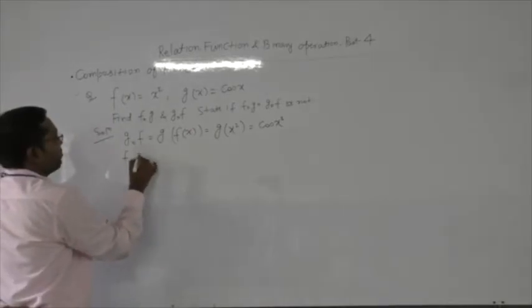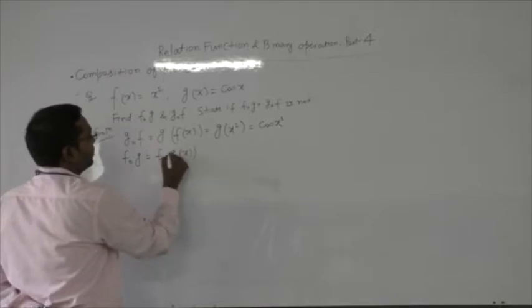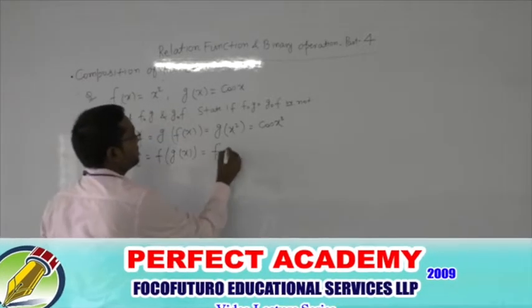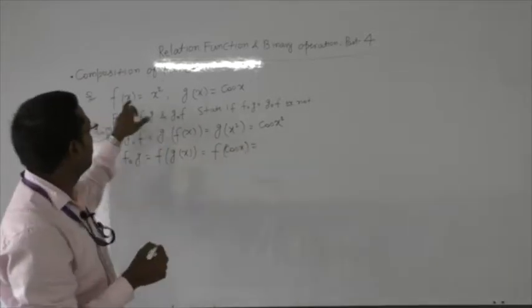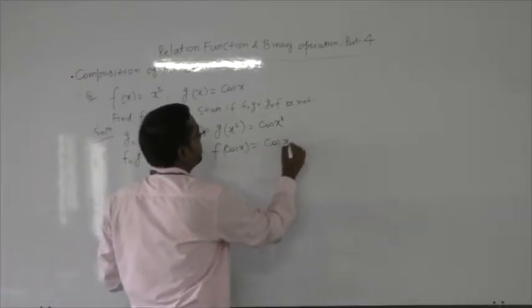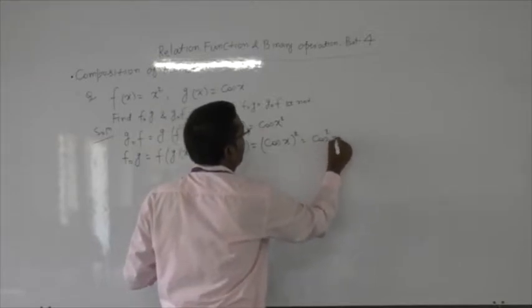Let's find out f of g. f of g is f of g of x, that is f of, what is g of x? cos x. And here f of cos x, replace x by cos x, we will get cos x whole squared, and that is how we write cos squared x.